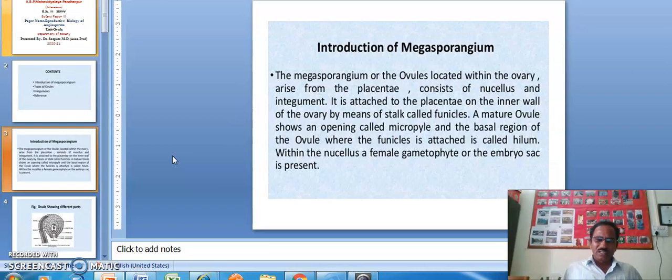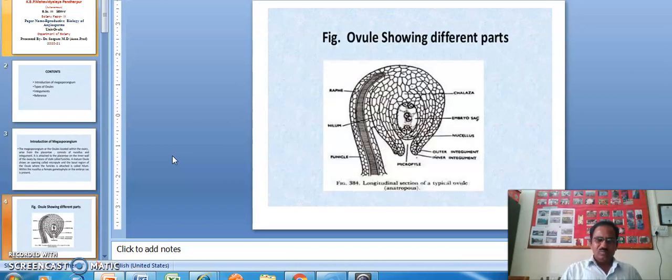Within the nucellus, a female gametophyte or embryo sac is present. This figure shows different parts of ovules.